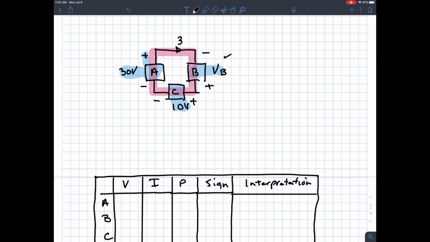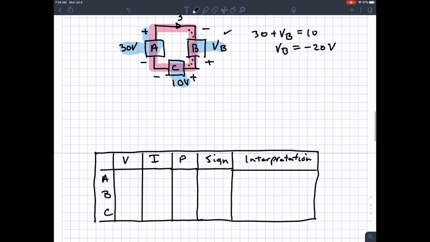When I do that, I get a rise of 30 volts, and then I get another rise of VB, and moving around this way, I get a drop of VC, which is 10. That lets me solve for VB, and I intentionally referenced this so that VB would turn out to be negative. That's okay.